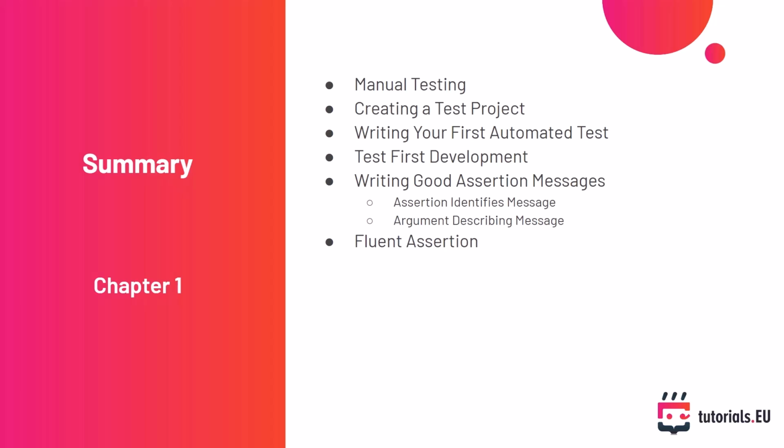We created a test project and wrote the first automated test. Then we moved on and removed the code and rebuilt everything from scratch based on test-first development. We talked about writing good assertion messages and wrote an excellent assertion message for the test we had written. Finally, we installed the Fluent Assertions library and used it in our tests.